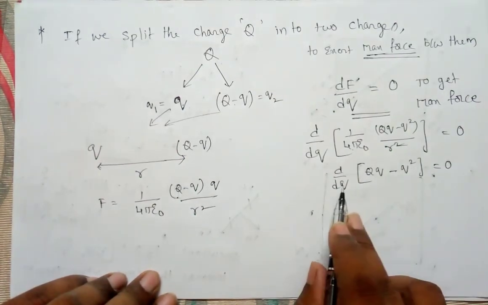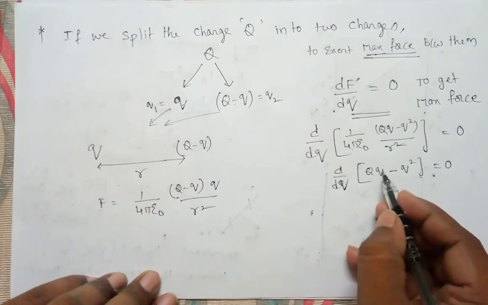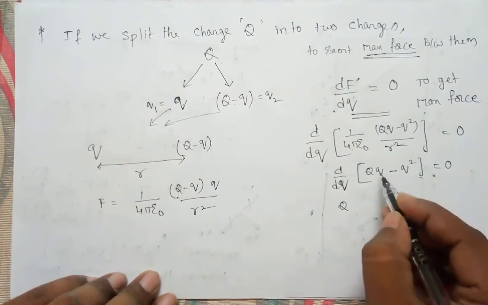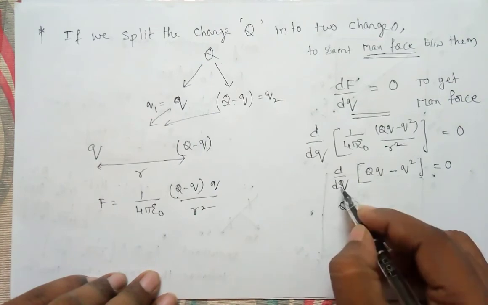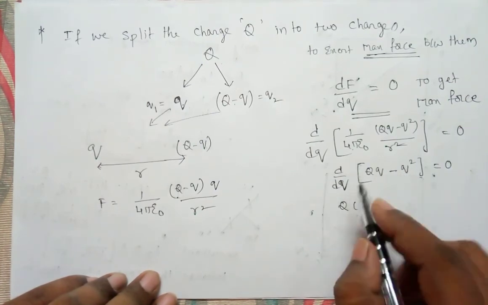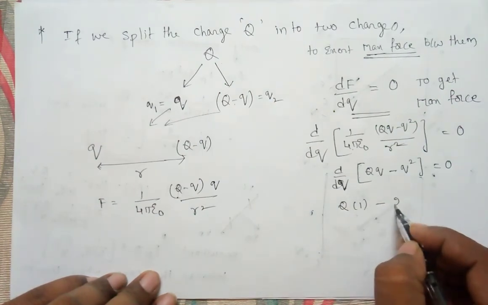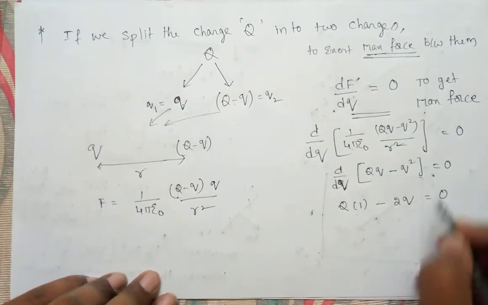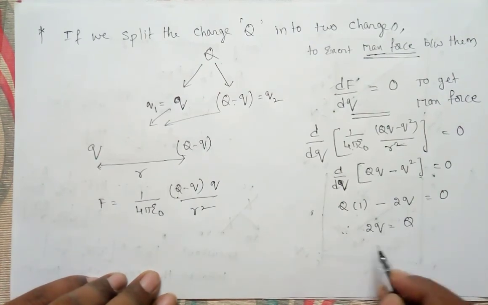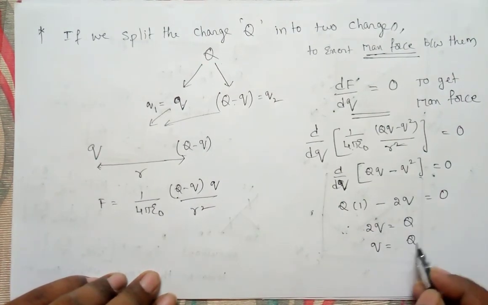You are differentiating with respect to small q, so capital Q is a constant. So Q into the differentiation of small q with small q, which is 1, minus the differentiation of q square with small q, which is 2q, equals 0. Therefore 2q equals capital Q, so q is Q by 2.